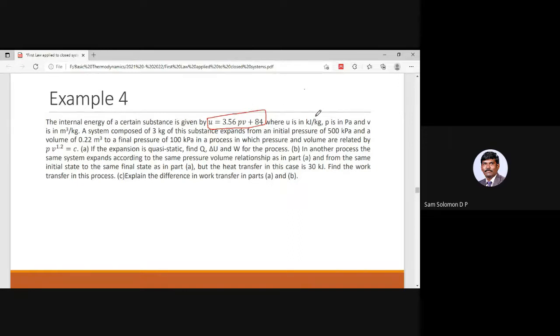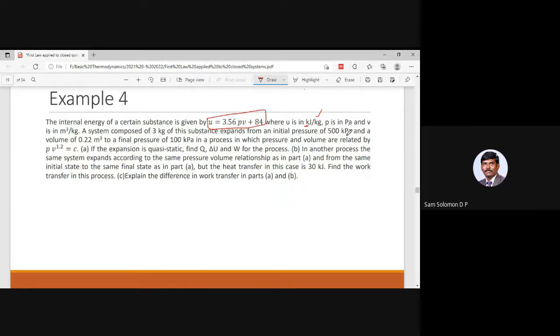This is in kilojoule per kilogram, not in joule. P is in Pascal and V is in meter cube per kilogram. Okay, so that is very important. So they are substituting the pressure in Pascal and the volume in meter cube per kilogram, but the answer is in kilojoule per kilogram.